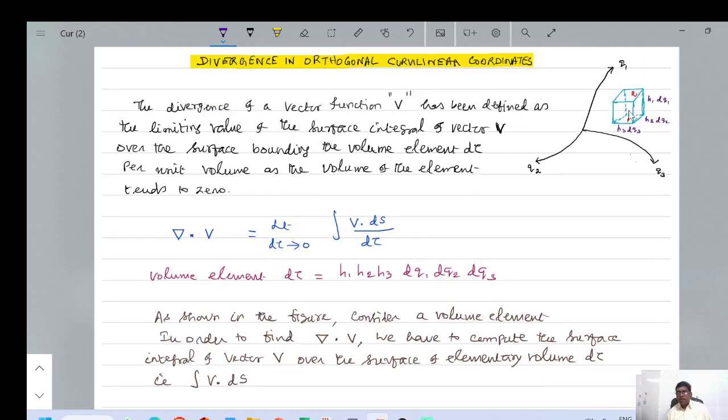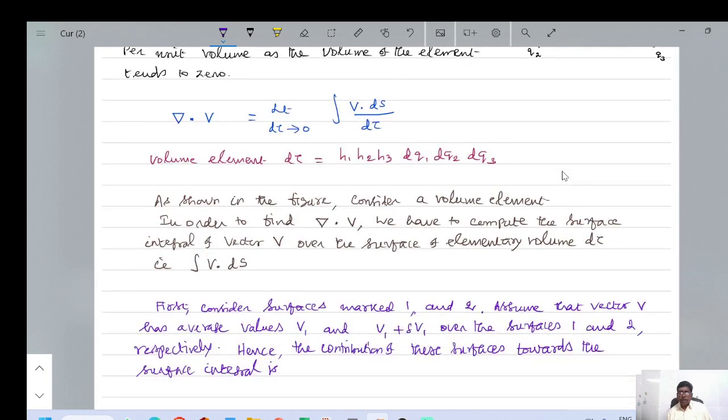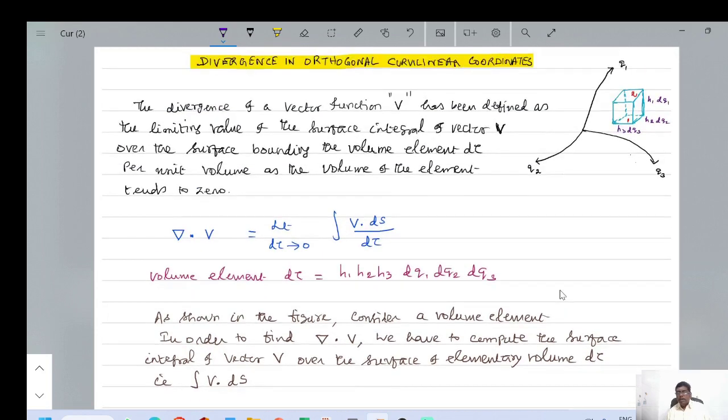In total, 6 faces are present. Assume that the vector v has average values v1 and v1 plus del v1 over the surfaces 1 and 2. The value of the vector at surface 1 is v1. The value of the vector at surface 2 is v1 plus del v1.